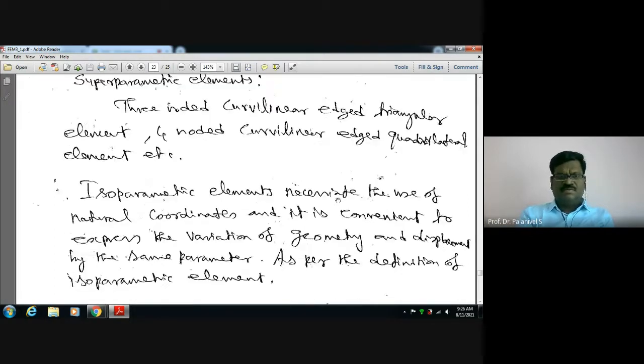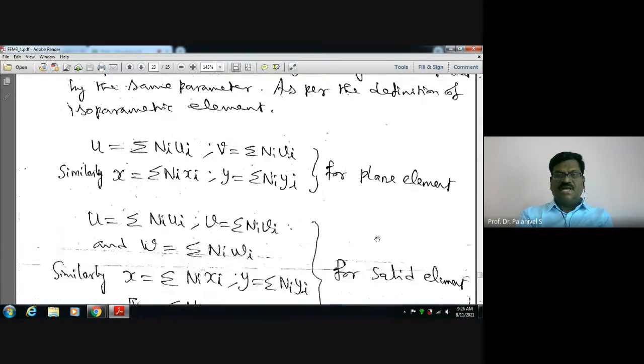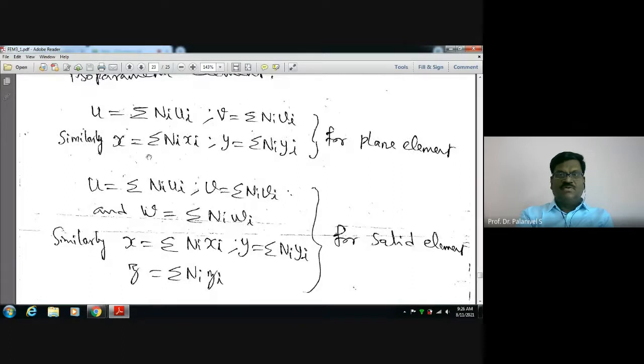Isoparametric elements necessitate the use of natural coordinates, and it is convenient to express the variation of geometry and displacement by the same parameter. As per the definition of isoparametric elements, I have written here, take a plane element.